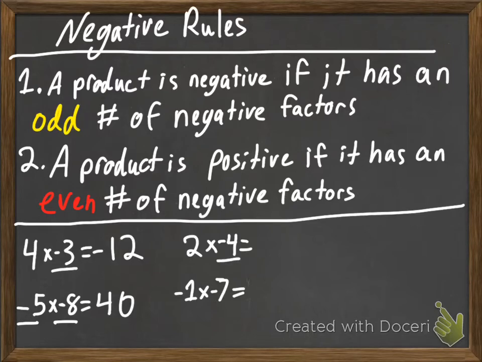Positive 2 times negative 4, odd number of negatives, so it's negative, and it's a negative 8. A negative 1 and a negative 7. Two negatives make a positive. Negative 1 times negative 7 is positive 7. So there is our negative rules.